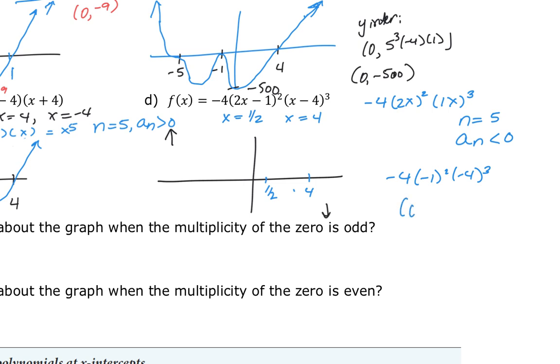And so my y-intercept is 0, 256. That's actually quite large. All right, so what's happening on this graph is that here is 256, not drawn to scale. It's going to come through there, touch this, bounce, come back through this, kind of slide through, and then go down.